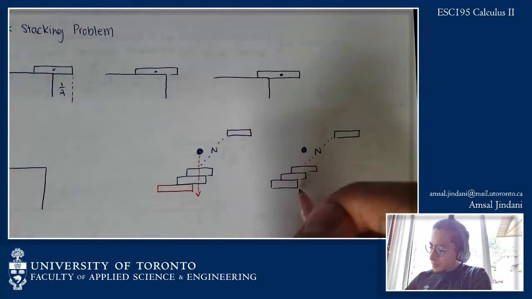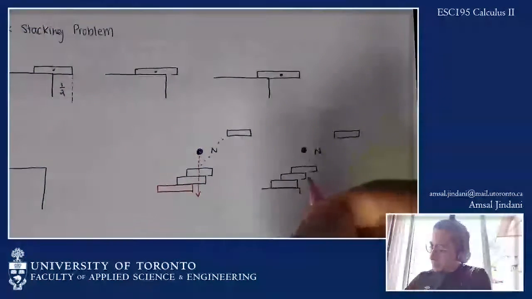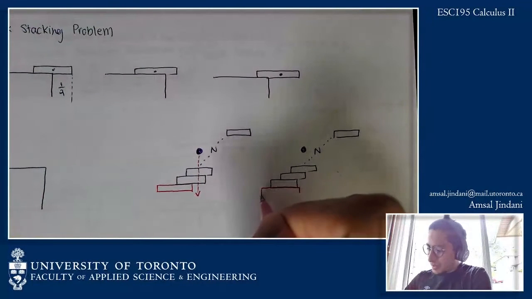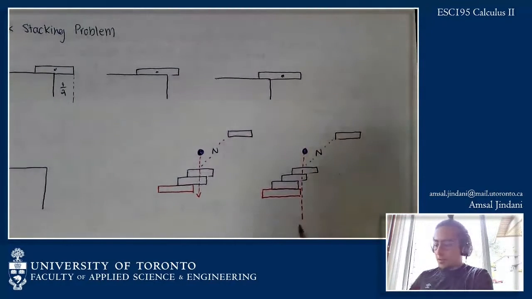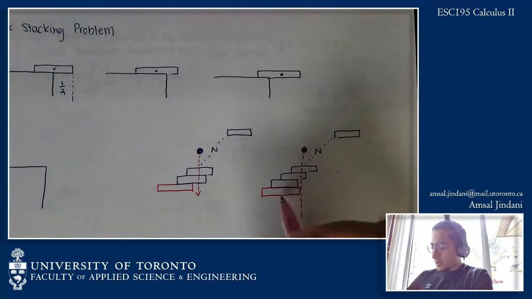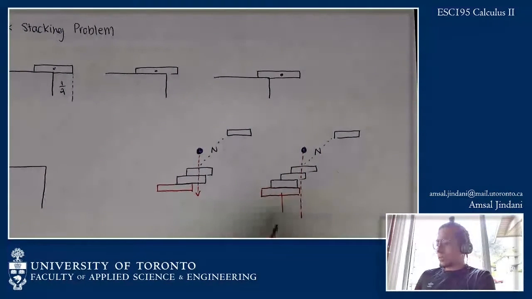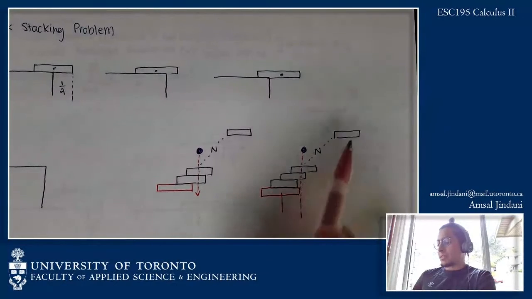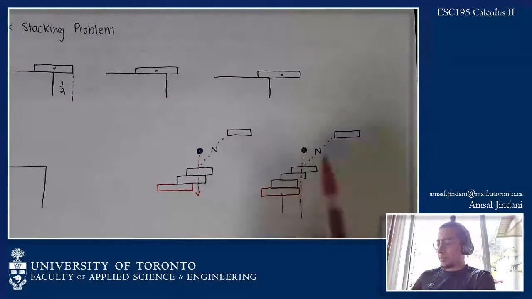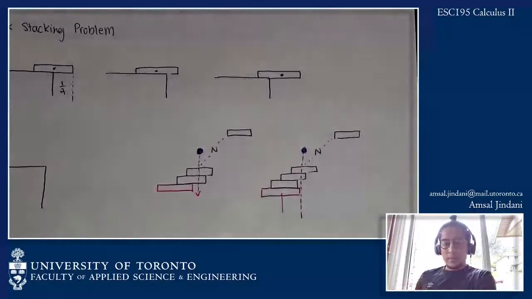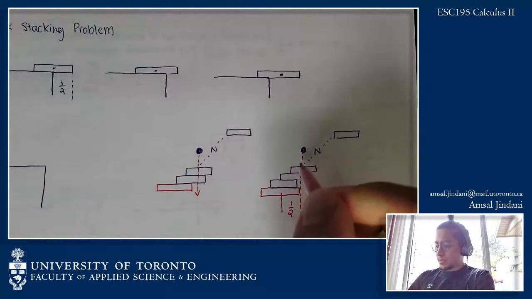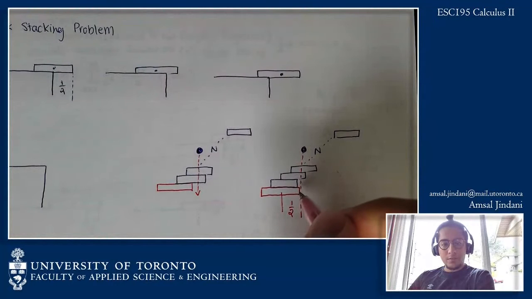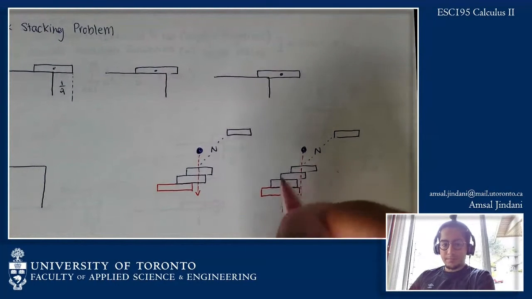It's not that good of a drawing, but you get the idea that the center of mass has to be just at the edge. What does that tell you about the gap between the center of the bottom block and the center of mass of the n blocks placed above it? Well, it tells you that they have to be at a distance of half again, because this is basically just at the edge of the block at the bottom.